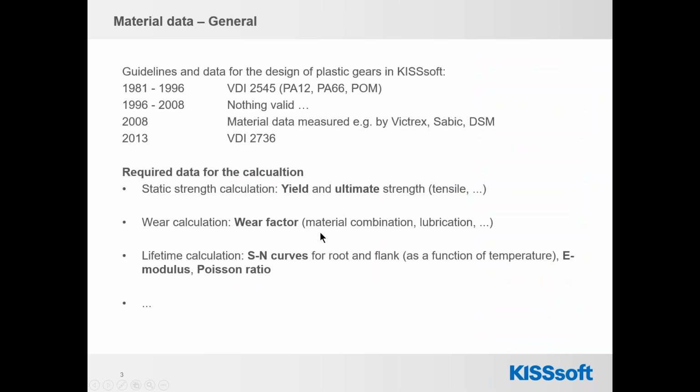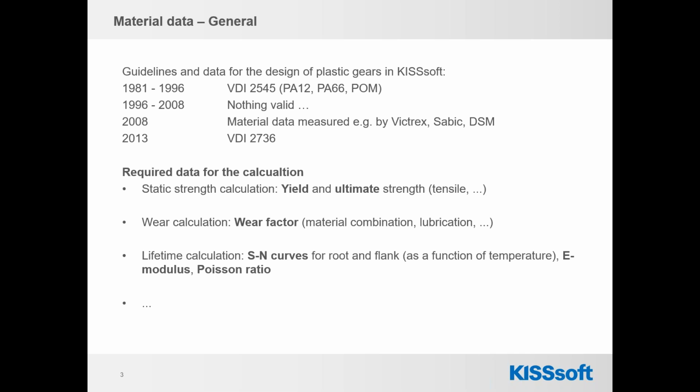A short summary of what material properties are needed or what material properties are available to add into the KISSsoft database. The basic material properties are yield and ultimate tensile strength as a function of temperature. We also need E modulus as a function of temperature and Poisson ratio, just as one value.